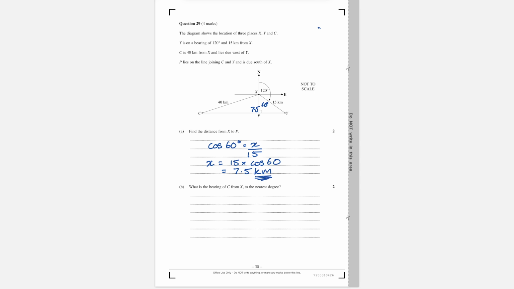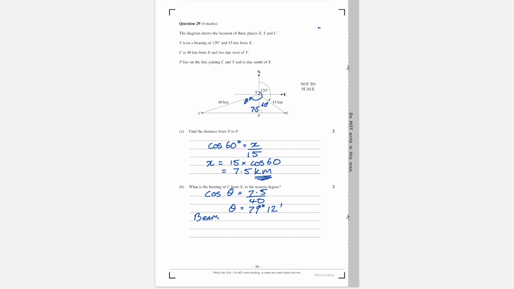What is the bearing of C from X to the nearest degree? So what we want is this bearing, this angle, the whole way around. And to get that, we're going to find out what theta is, this angle just here. So cos theta is equal to 7.5 over 40. So theta, if we plug that into our calculator, gives us 79 degrees, 12 minutes. Right, so then we simply need to add that number to 180.